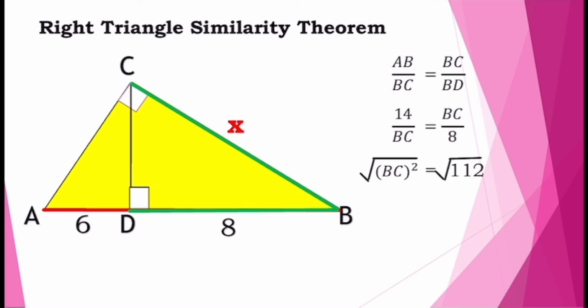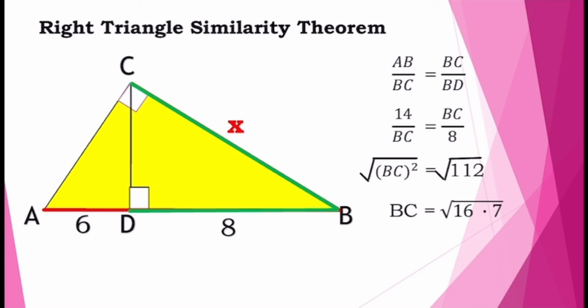Since 112 is not a perfect square, we need to factor 112, our radicand, so that one of its factors is a perfect square. The factors of 112 are 16 times 7.